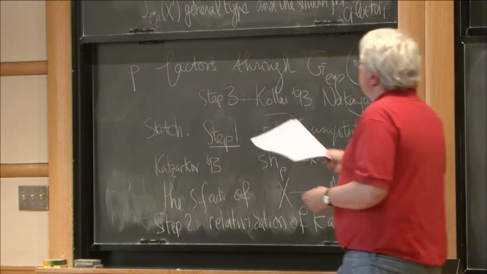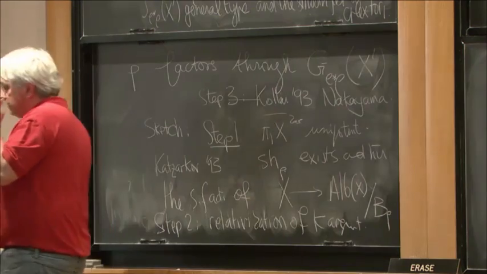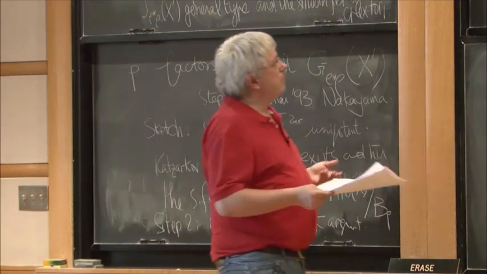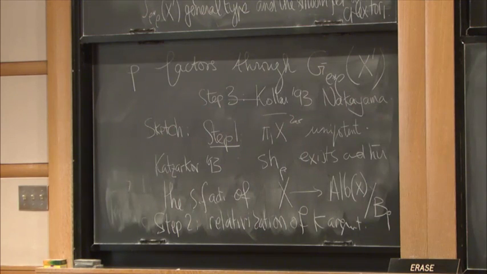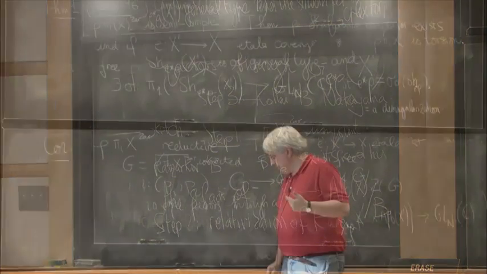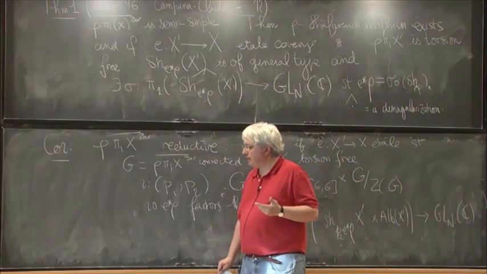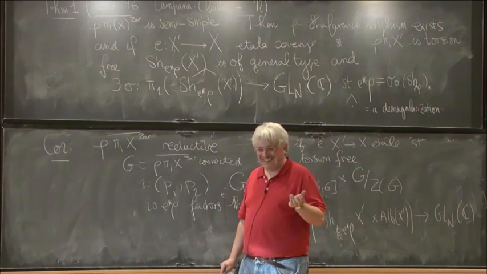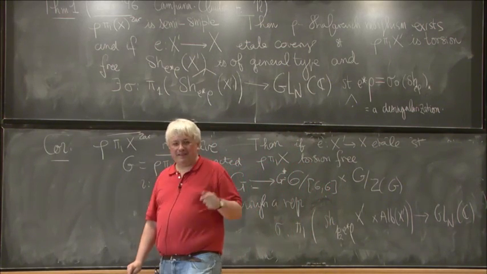The control of the structure of the Shafarevich variety is good because somehow the Shafarevich variety controls the part of the kernel of rho that is constructed out of complex objects, I would say.